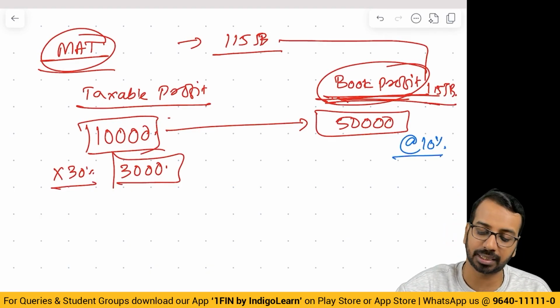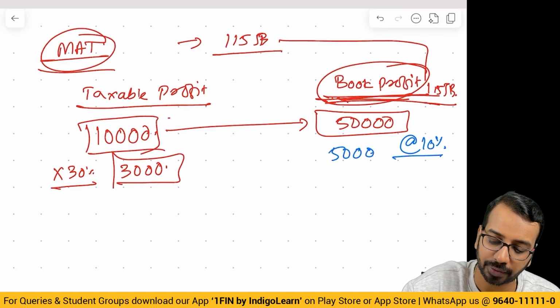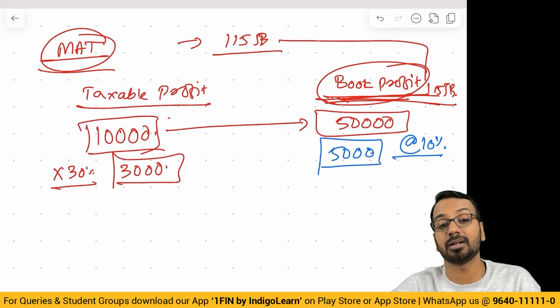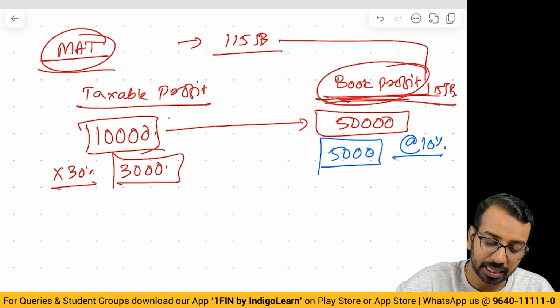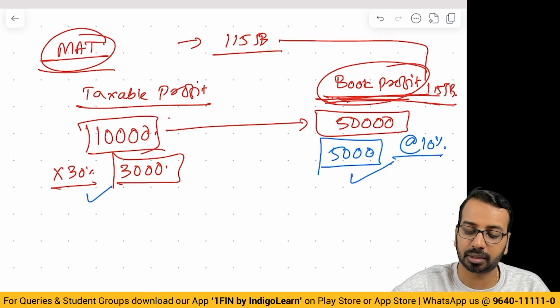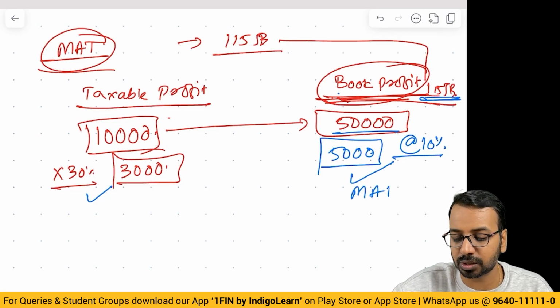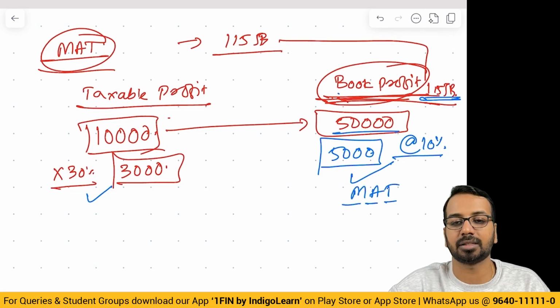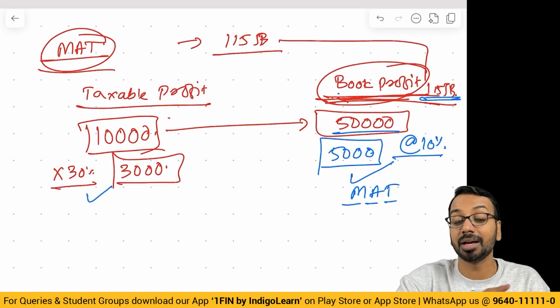What is 10%? 5,000. So the current tax is 3,000, the book profit under 115 JB is 50,000, and this 5,000 is called minimum alternate tax. This is an alternate tax.